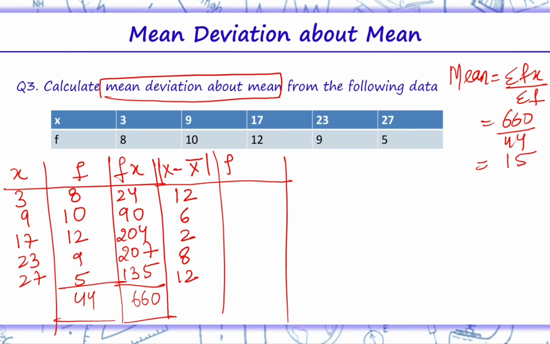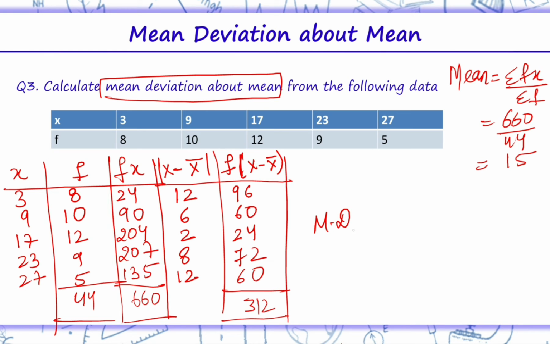Then the next column is f into mod of x minus x bar: 8 into 12, 96, 10 into 6, 60, 12 into 2, 24, 9 into 8, 72, 12 into 5, 60. Its summation is 312. So for the mean deviation about mean, we calculate 1 by n, where n is the summation of f.